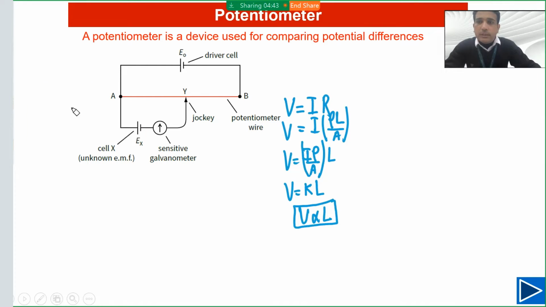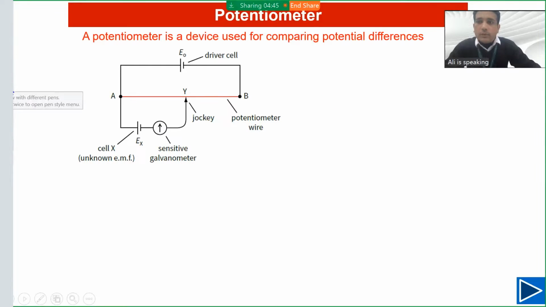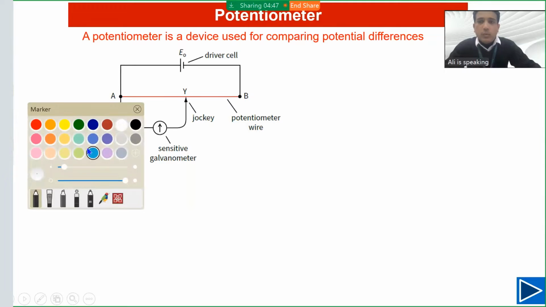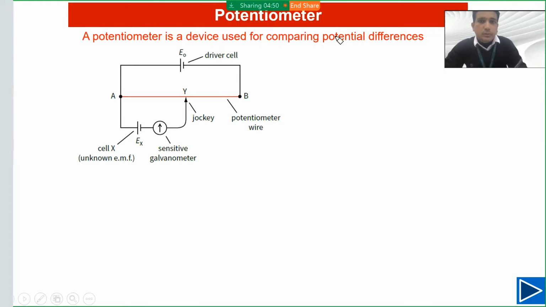Let me ask you first of all, what is the use of a potentiometer? This is a potentiometer. We can use this potentiometer first of all to find the EMF of any unknown cell.